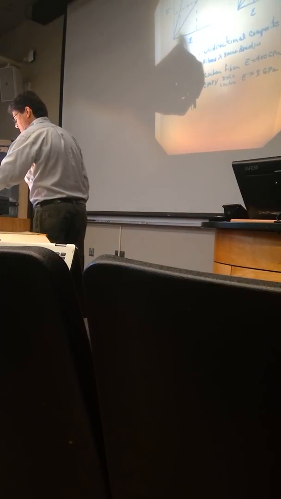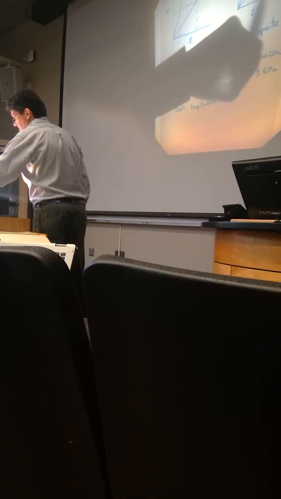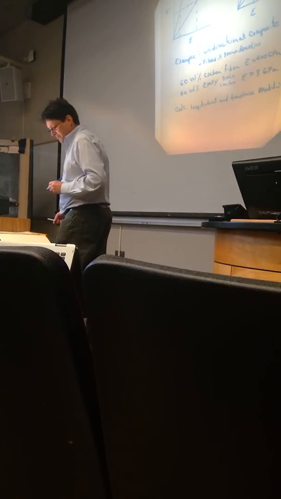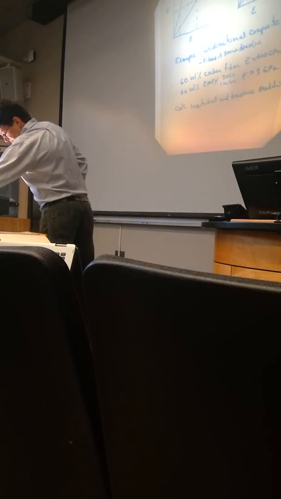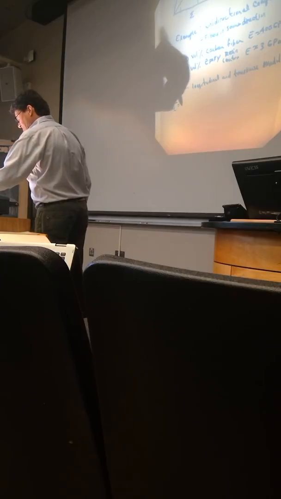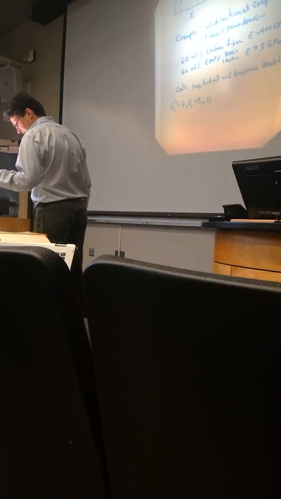Calculate the longitudinal and transverse modulus. We know that E of the composite in the longitudinal direction is E of the fiber times the volume fraction of fiber, plus E of the matrix times the volume fraction of matrix.